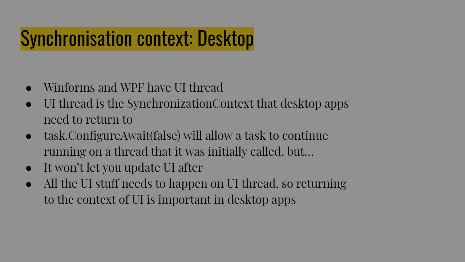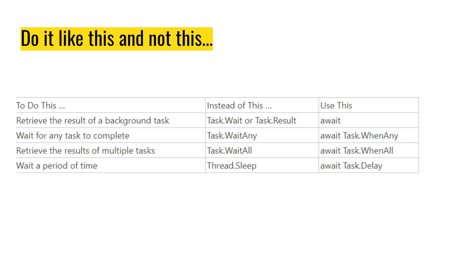So I talked about the UI thread, and now, how do you do synchronization, and how do you properly await, and what you should do and what you should not do. Instead of task wait or task result, just call await. Don't do the one on the left.